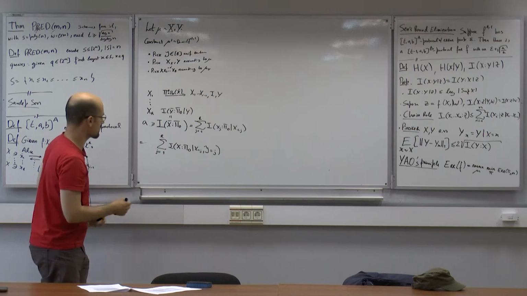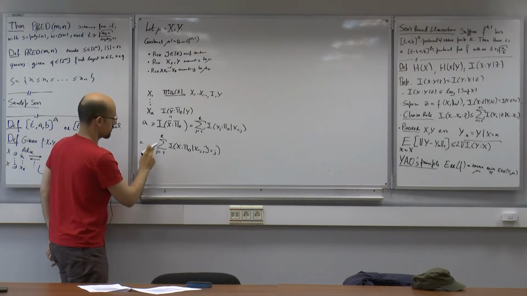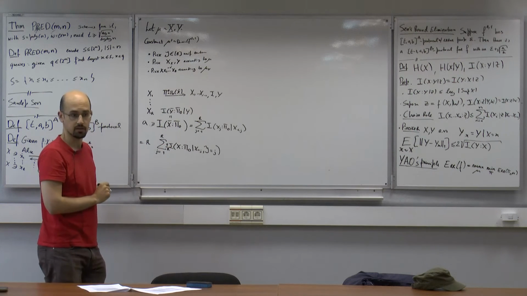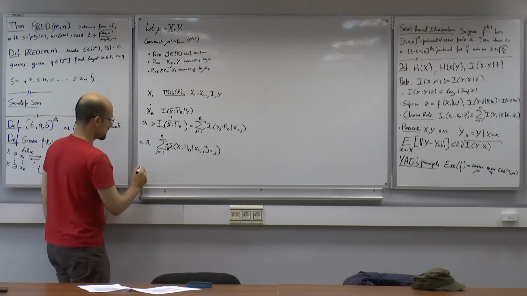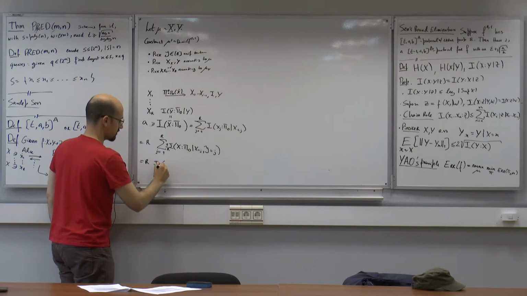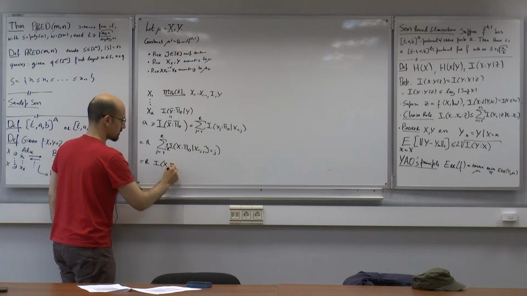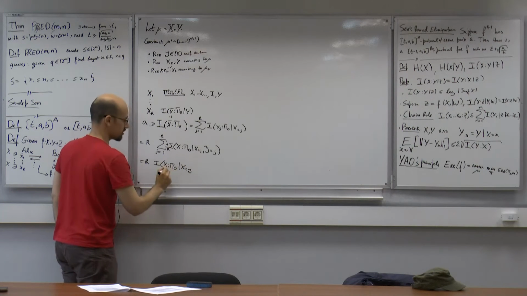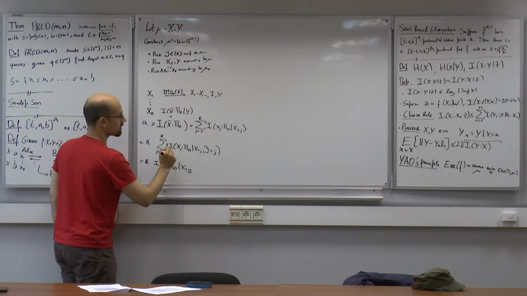But now, okay, so now is the kind of magical step, which appears in all papers that use these kinds of things. So I can multiply and divide by r, right? 1 over r. Right? But this happens to be r. So this value here is the mutual information of x and pi 0 conditioned on x up to capital J, so I'm missing j.